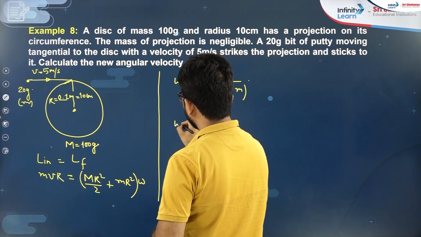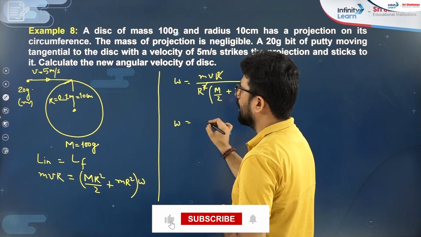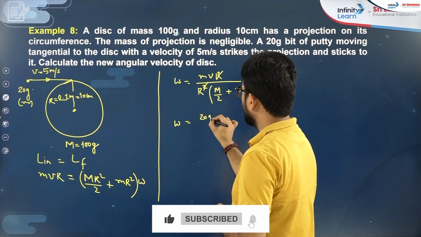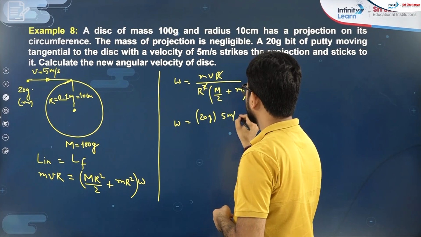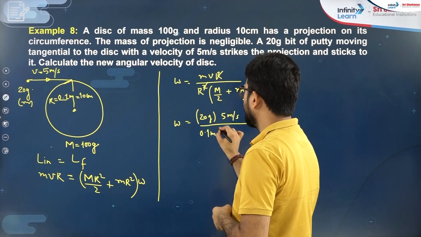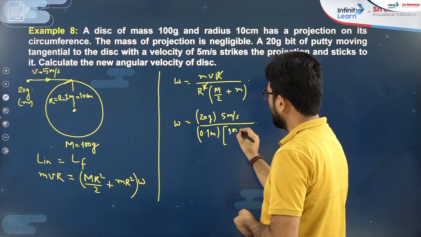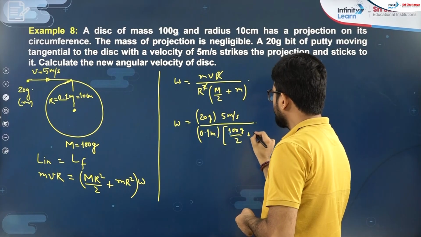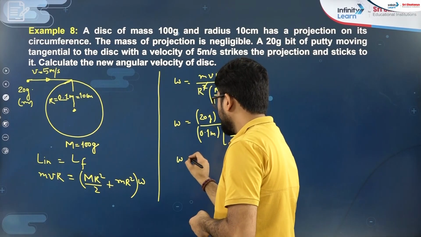Now put the values. Small m is 20 gram, velocity is 5 meter per second, r is 0.1 meter, and capital M is 100 gram. So 100 gram by 2 plus 20 gram. Just try to solve it.